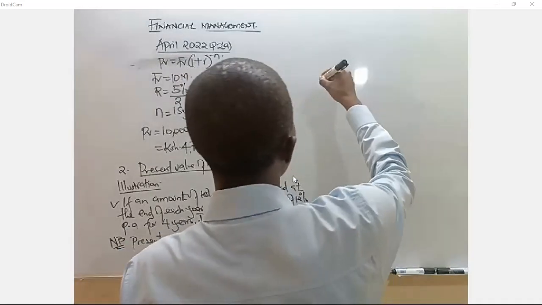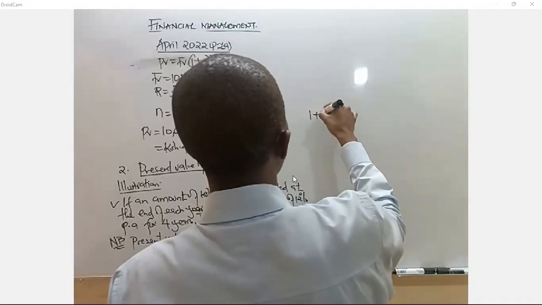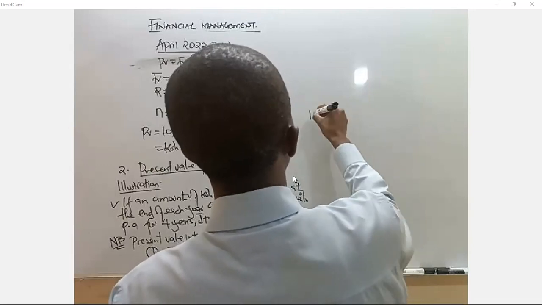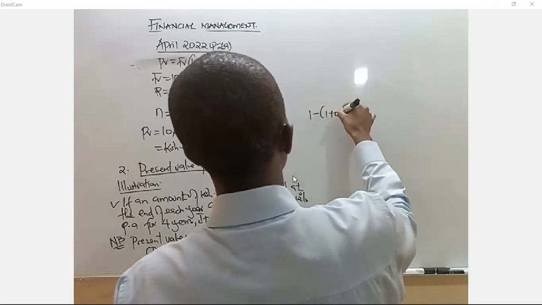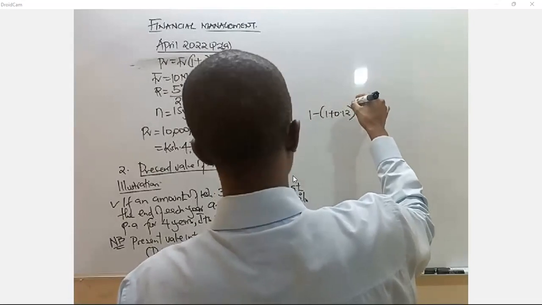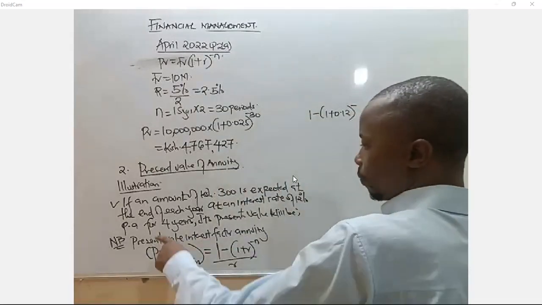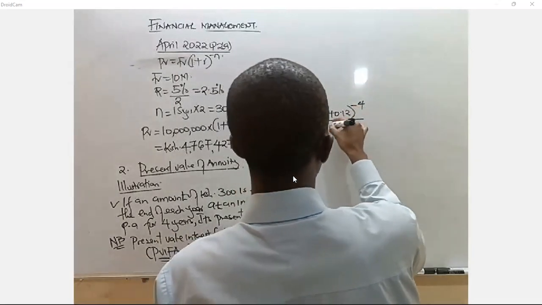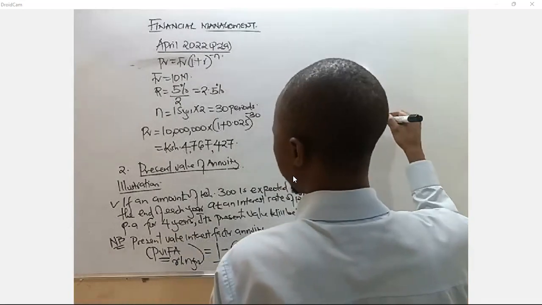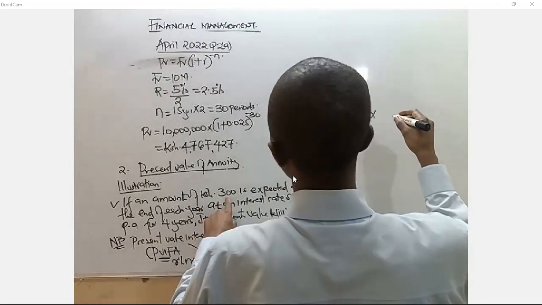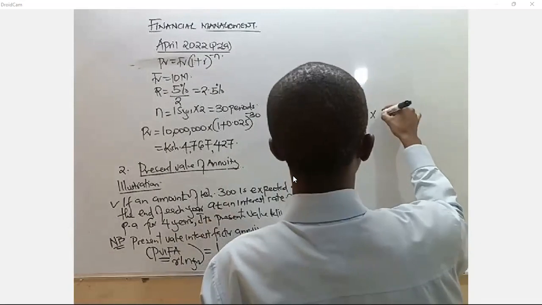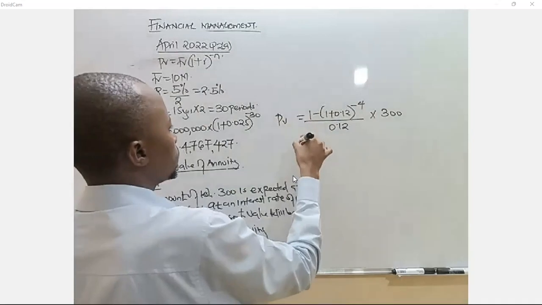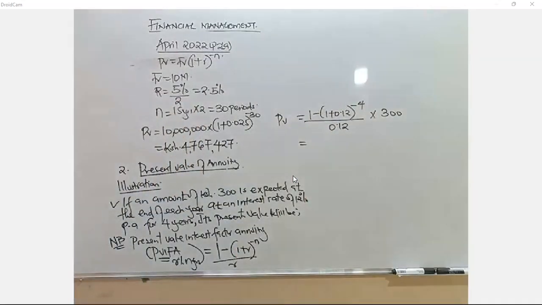So it will be 1 minus 1 plus 0.12, raised to the power negative our number of years, n, which is 4. Then we divide it by 0.12. Then we multiply it with our annual amount, which is 300. This is going to give us our present value.